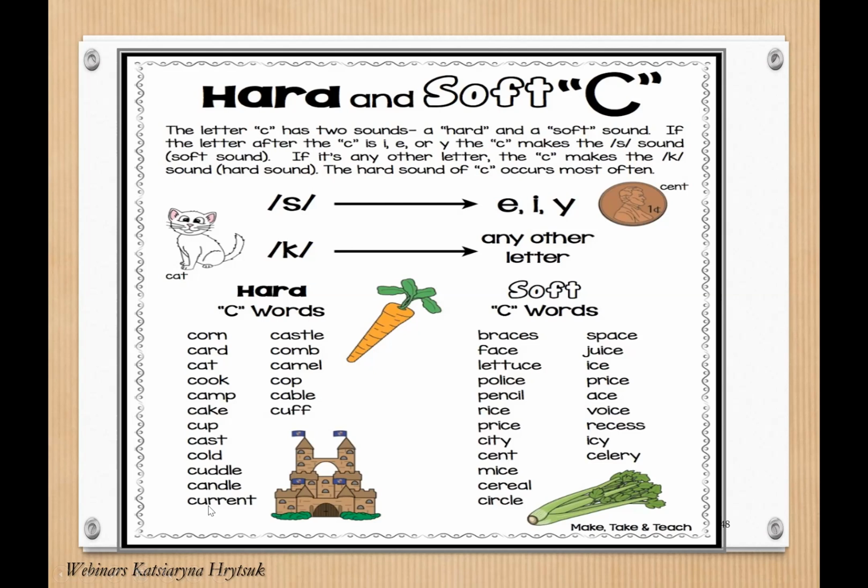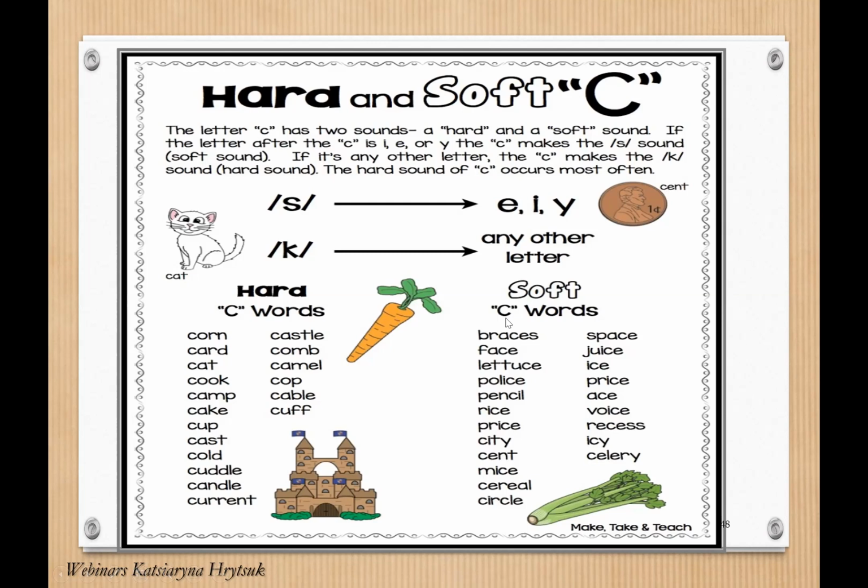Castle, camp, call, camel, cup, cop, cable. Cable, open syllable with E, also LE. Cable, calf. Calf. Now soft. Okay. So let's go.